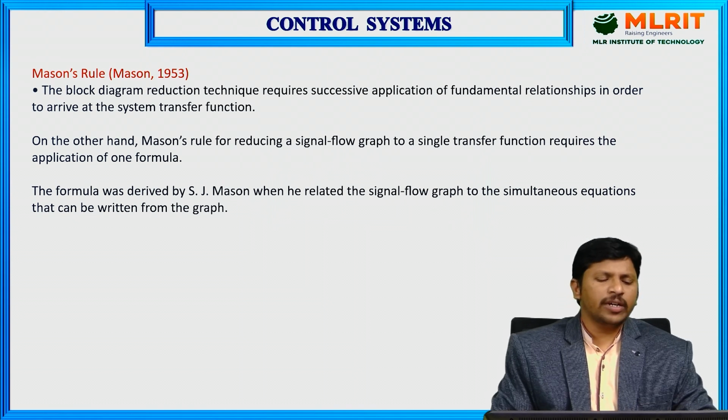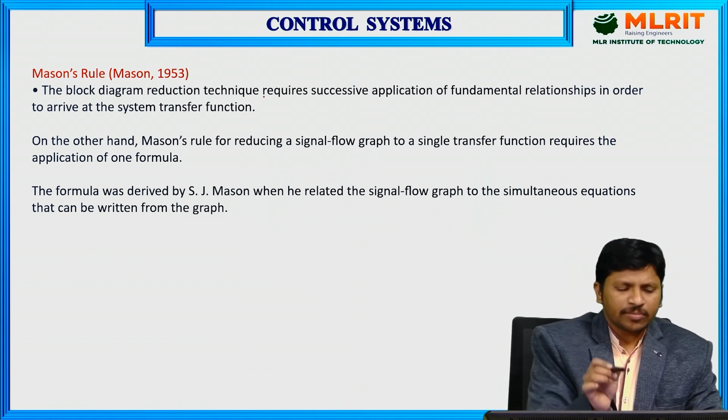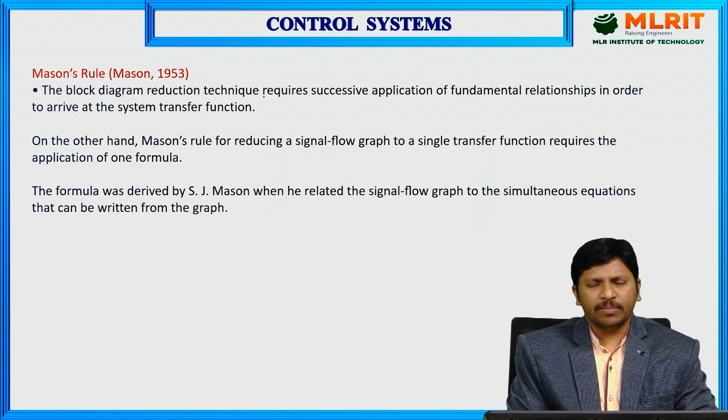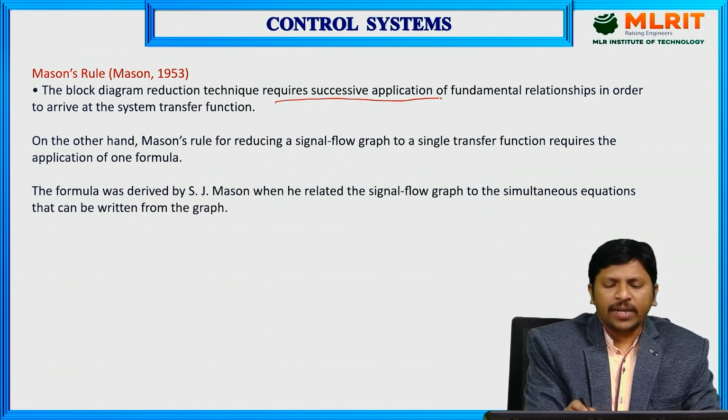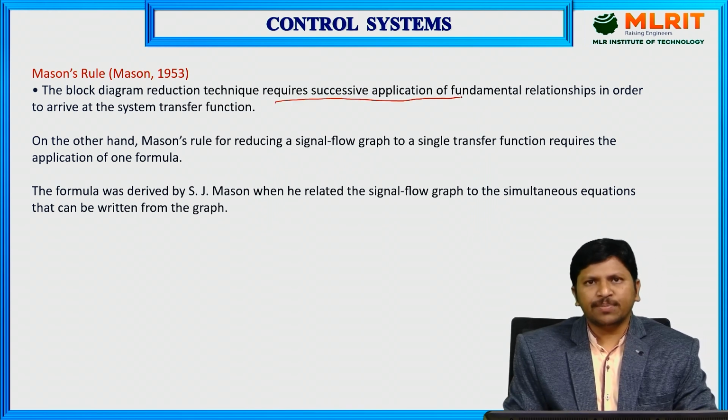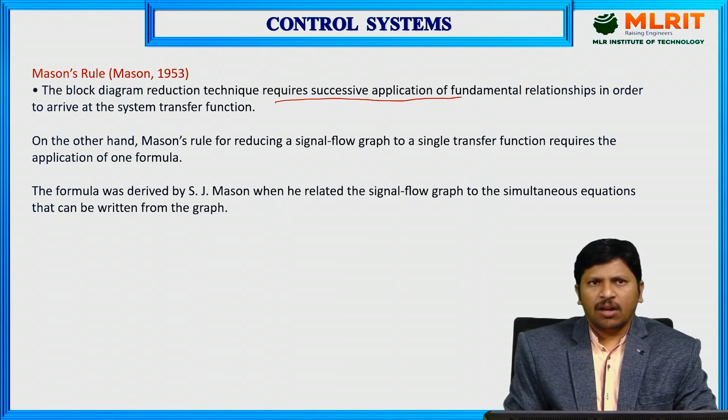S. J. Mason introduced some rules and gave a formula, the Mason's gain formula, in the year 1953. The block diagram reduction technique requires successive application of fundamental relationships in order to arrive at the system transfer function.